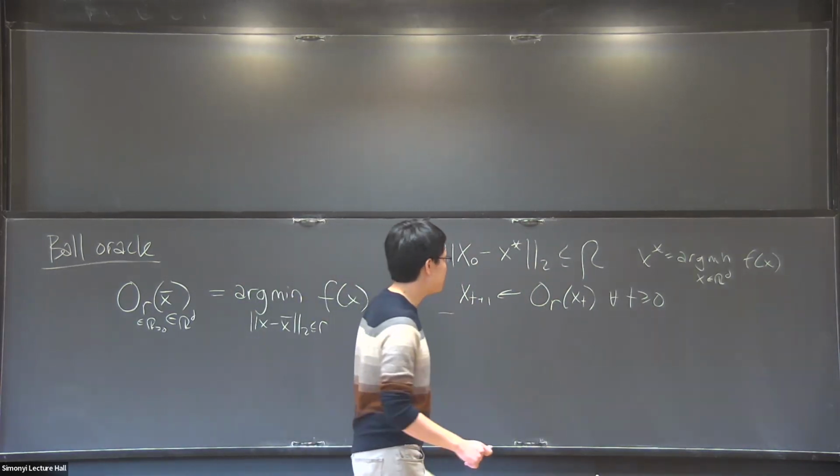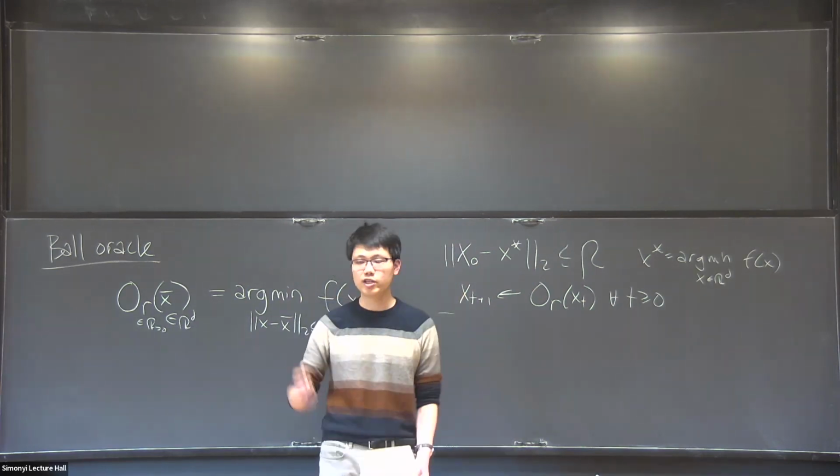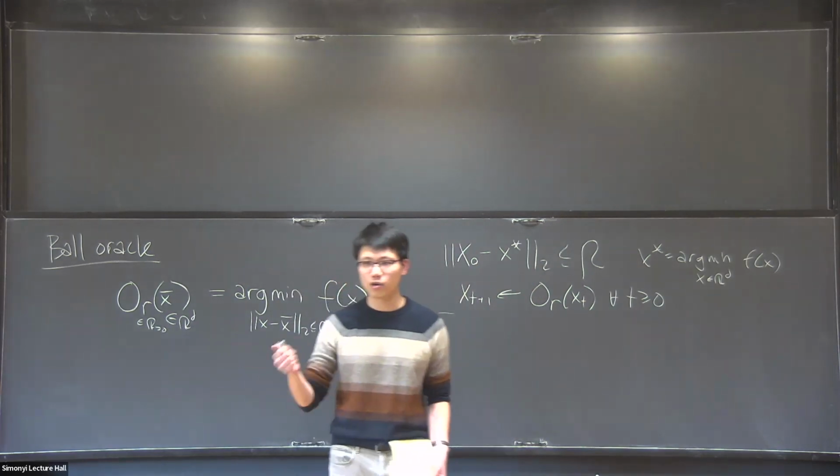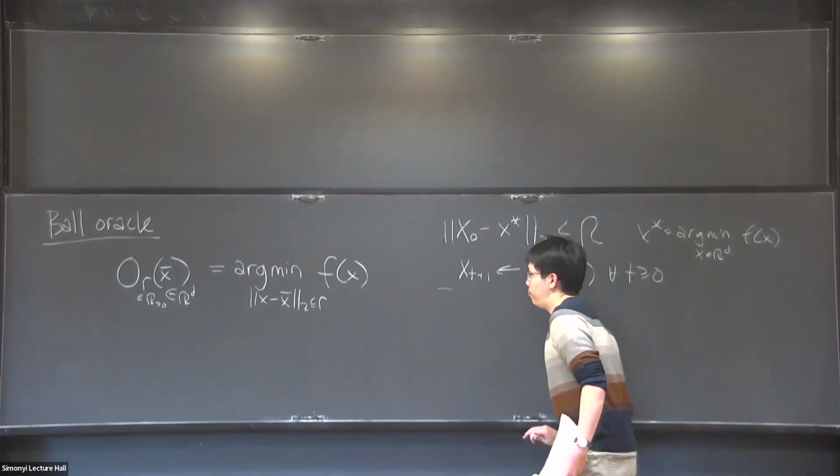So the first claim is very simple. The first claim is just that this ball oracle decreases the distance to the minimizer by a quantitative amount. So let's see a picture of that.